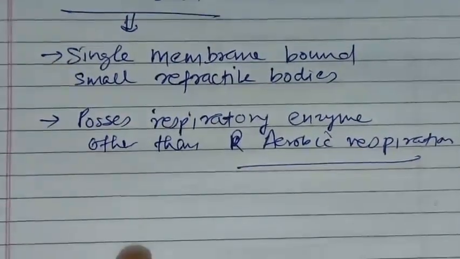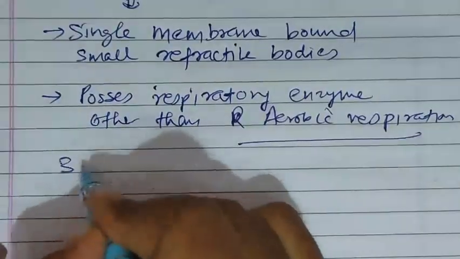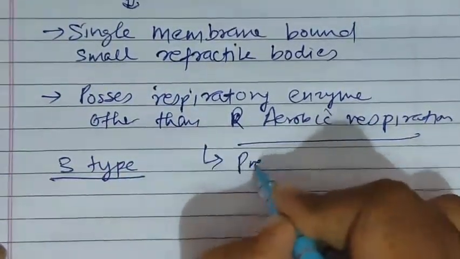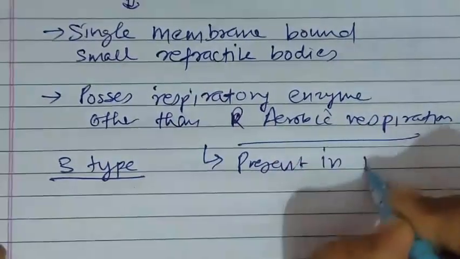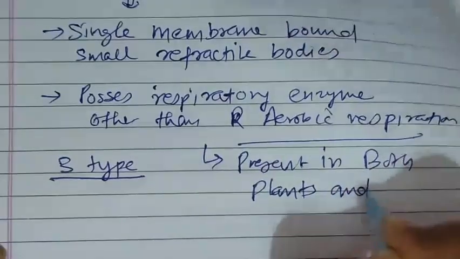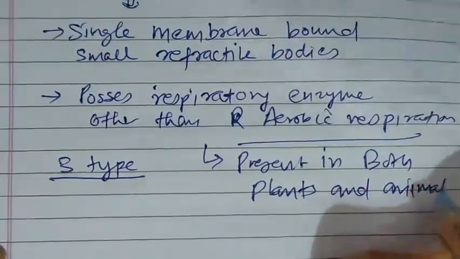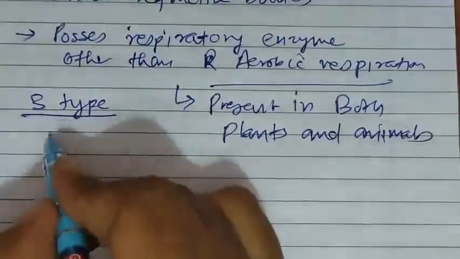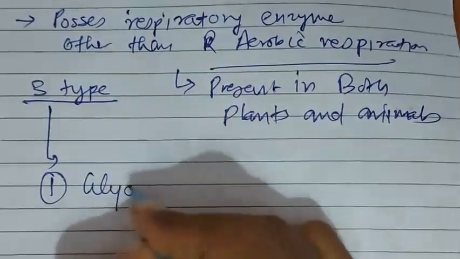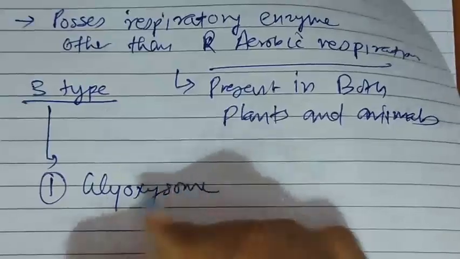and these microbodies are of 3 types. Be remember present in both plants and animals. These are of 3 types. Number 1 glyoxysome.